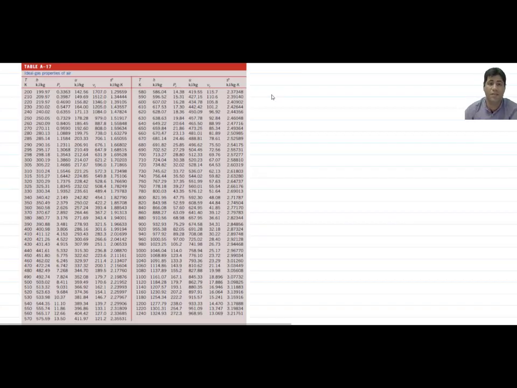Okay, now again we are going to calculate another thermodynamic property. We are going to do an interpolation to find the H, or enthalpy, for state 2. What we have here again is VR, which is equal to 38.825.